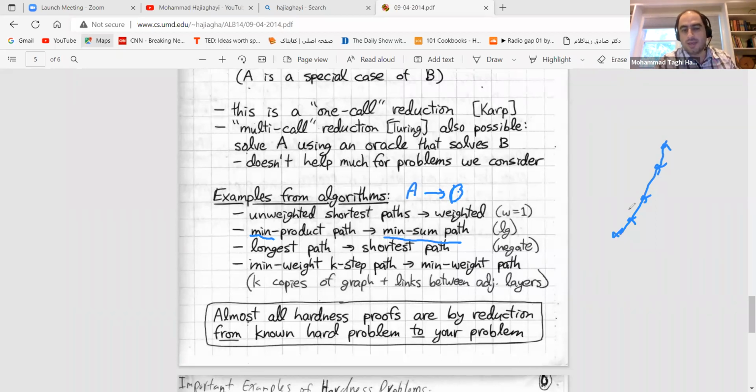The same question you may ask: what if I want to find a path such that the product of the weights is minimized?